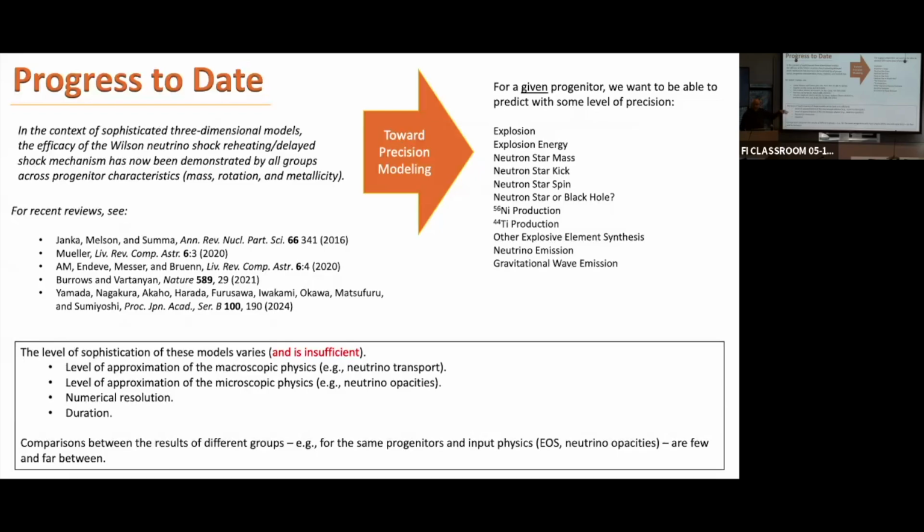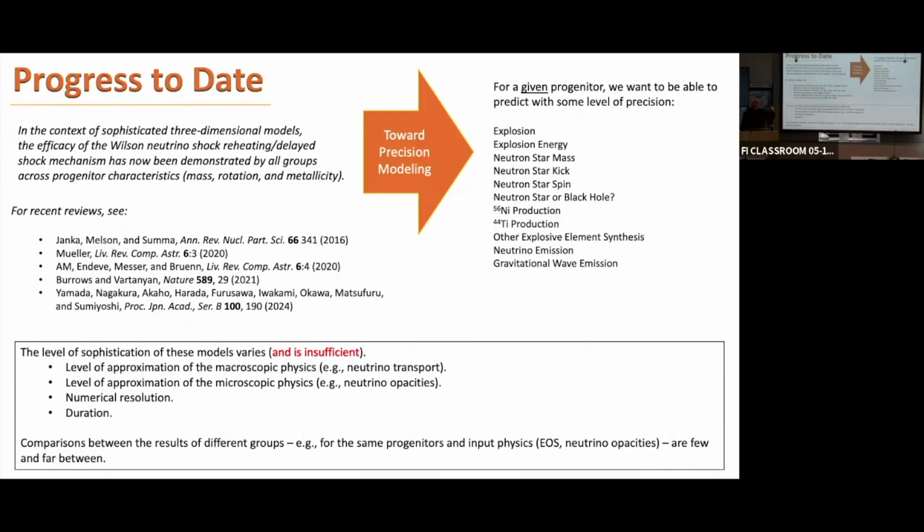But the bottom line is that question feeds into what I'm about to say. From my point of view, and that's why I insist on precision core collapse supernova modeling, Mother Nature will hopefully give us, since I'm aging, a galactic core collapse supernova before I'm on the other side of the ground.